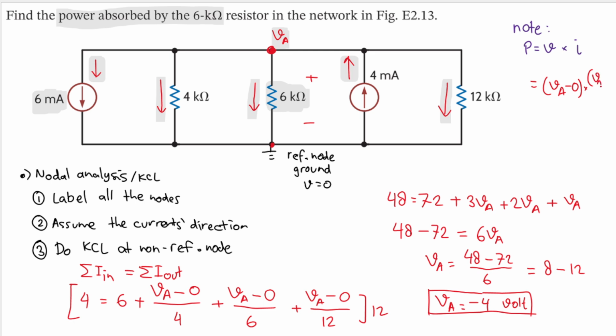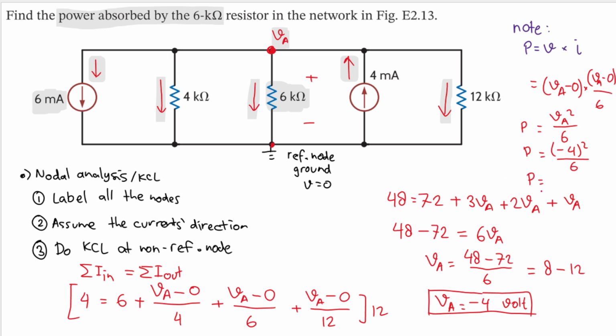So we will have VA squared divided by 6, and we can just plug in this minus 4. So I'll have P is equal to minus 4 squared divided by 6.